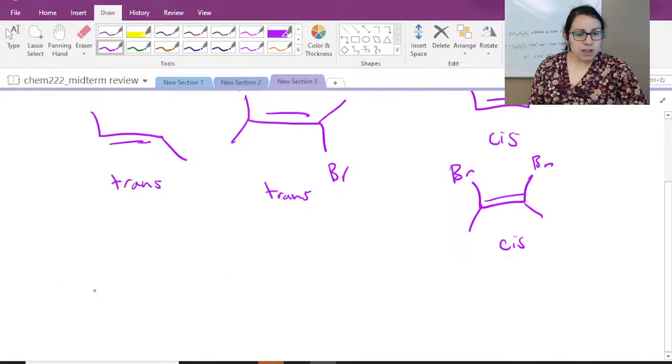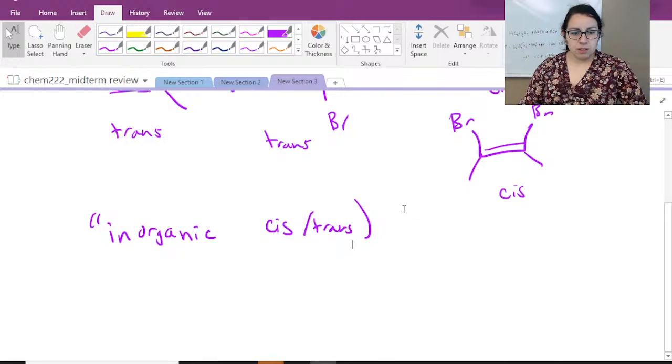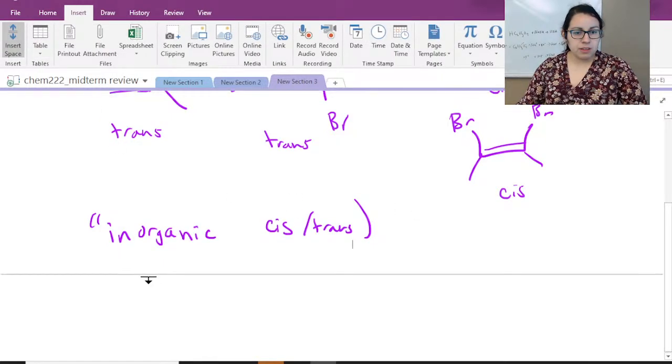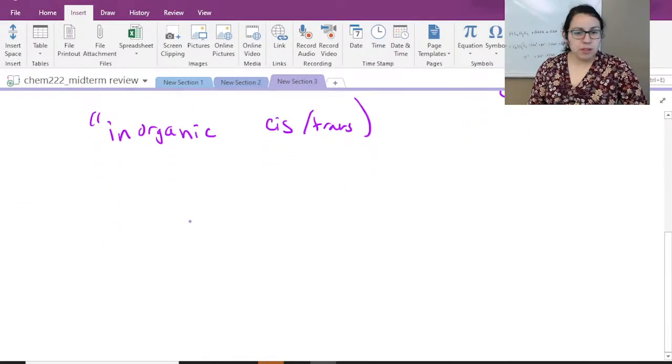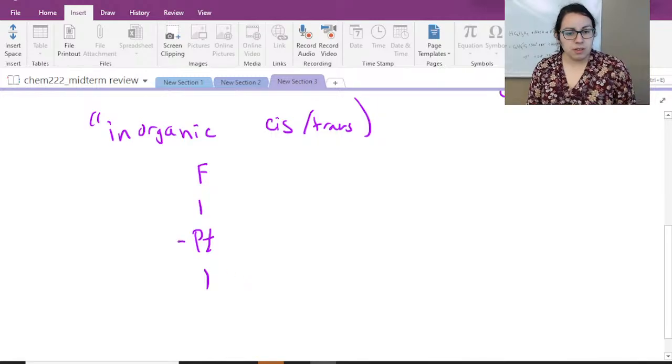And then we also had what I would call our inorganic cis and trans isomers. We could have it in these square planar structures. So we saw a platinum, and oops, sorry, I drew the trans one.